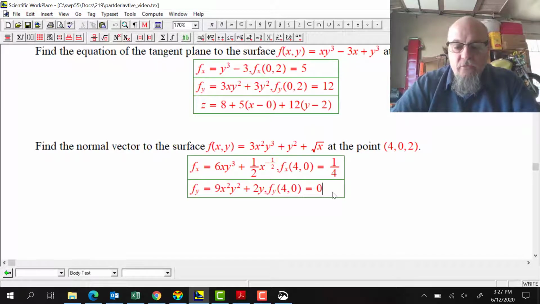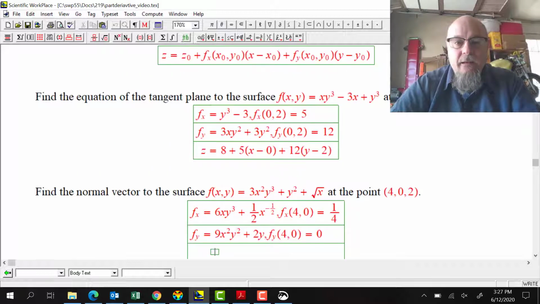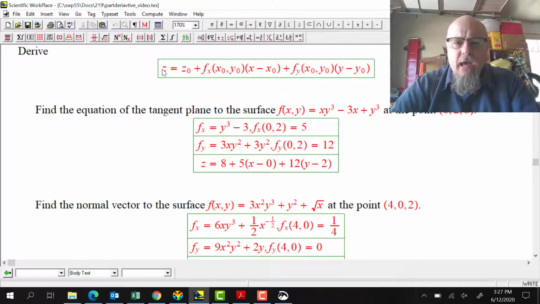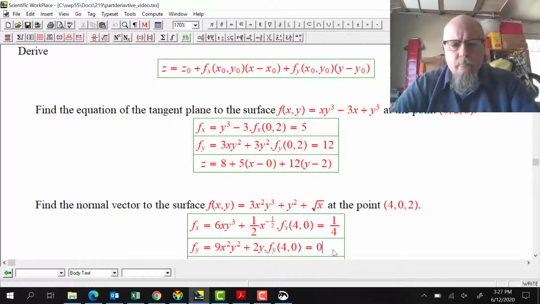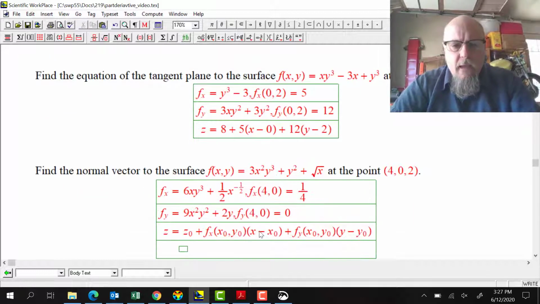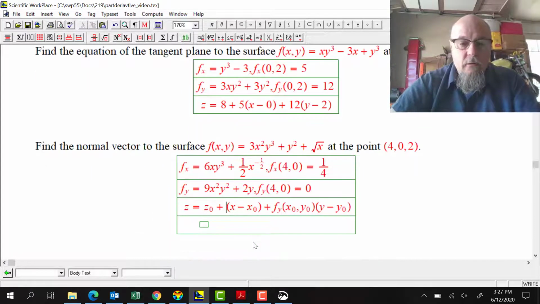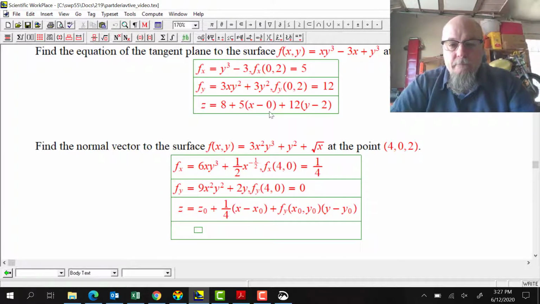Okay, so now equation of the tangent plane. Plane's a 3D line, right? So let's take our form. Now, that's a number. The number, it's a quarter. So replace that with the number, not the formula.